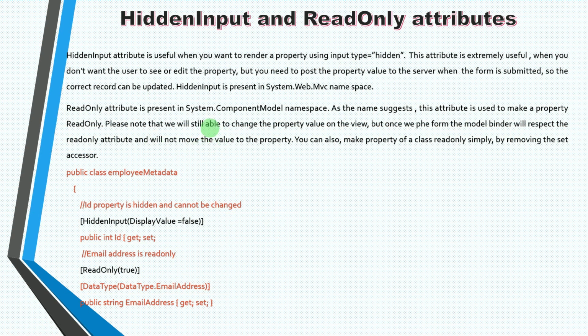Please note that we will still be able to change the property value on the view, but once we send it to the server, the model binder will respect the read-only attribute and will not move the value to the property. You can also make a property of a class read-only simply by removing the set accessor.